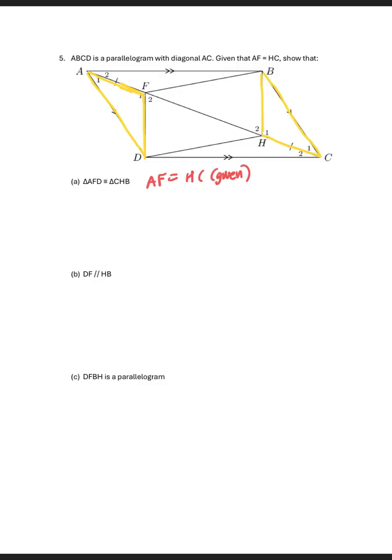And also we see that AD is equal to BC. Reason, the opposite sides of a parallelogram are equal. Remember, we are told that ABCD is a parallelogram. So remember that.